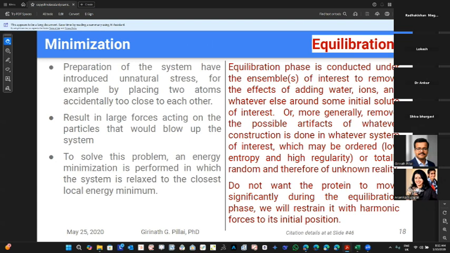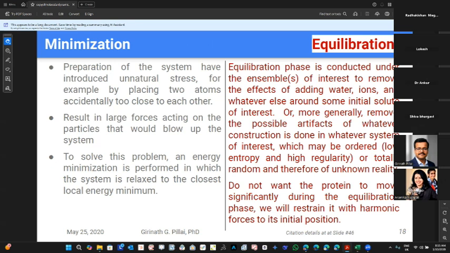Once the minimization is done, everything looks good, your system is good, your forces stabilized and everything, you go into equilibration. This phase is conducted under the ensembles of interest to remove the effect of adding water, ions, whatever else around the initial solute of interest, that is your protein or ligand, and the equilibration is done in whatever system of interest.